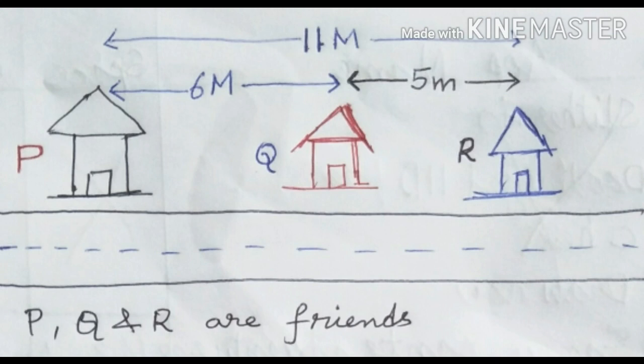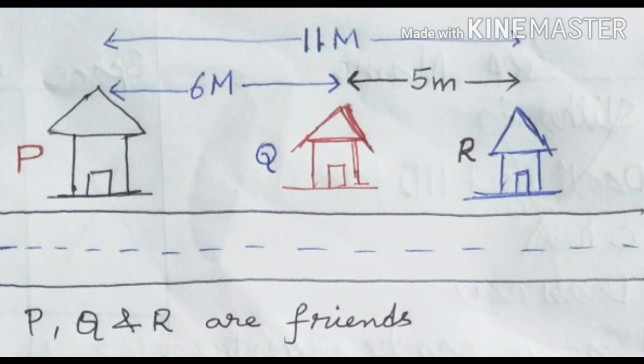Well, that is right. So, what we understand is that P is not moving from its place with respect to Q or R. Therefore, we can say that the house P is at rest. Okay?